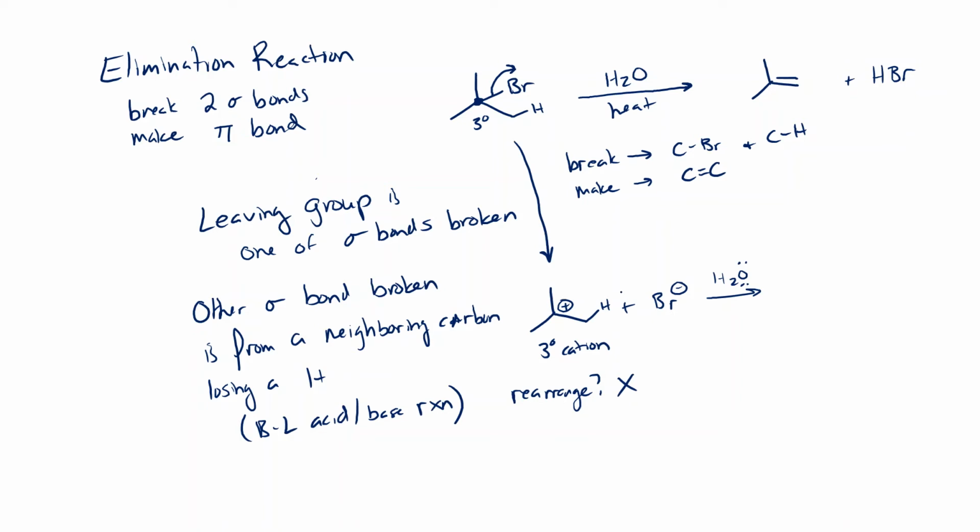Positive charge usually implies acid. Our base, in this case, is Br minus or H2O. H2O is technically a stronger base than Br minus. Br minus is a more stable base than water. When we draw this out, we would have H2O come in and take this hydrogen. If we were just drawing the conjugate base, we would draw a negative charge on this carbon, but of course there's a resonance structure where that negative charge shares with a positive charge, so we're just going to do this all in one go and make the pi bond.